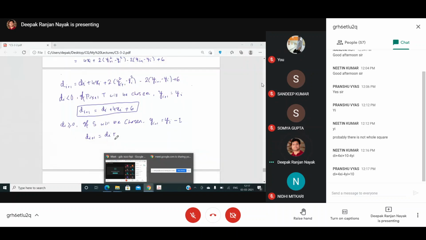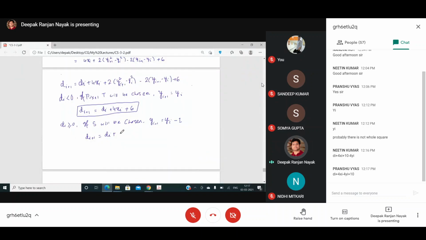Okay. So the final equation will be d of i plus 1 is equal to di plus 4 into xi minus yi, by taking 4 common outside, plus 10. Is it correct, Pransu? Is it correct?